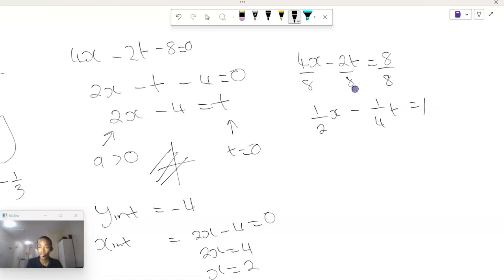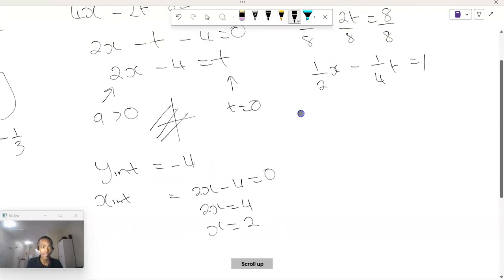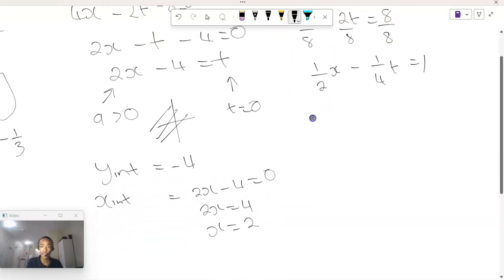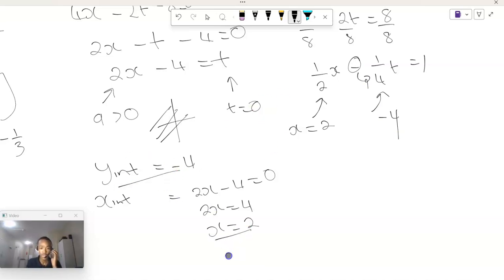So our x-intercept will be 2 in that case, and my y-intercept will be, if I take the negative here, negative 4, which is the same as these two right there.